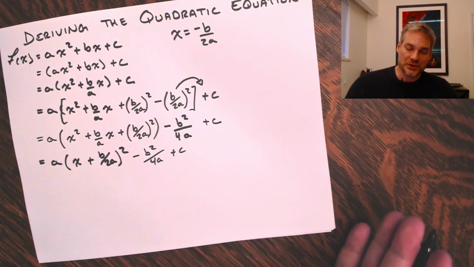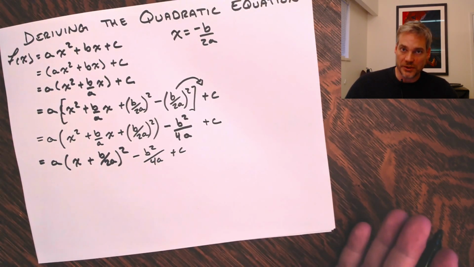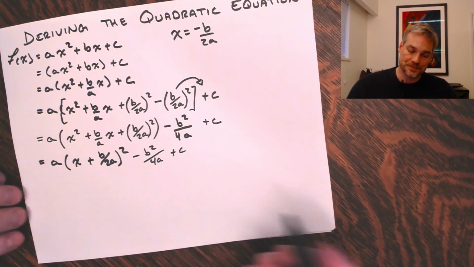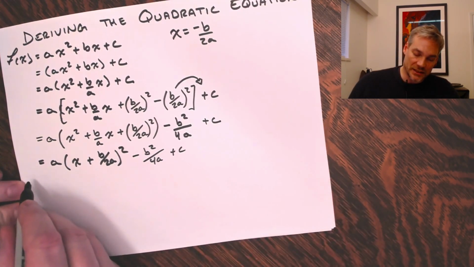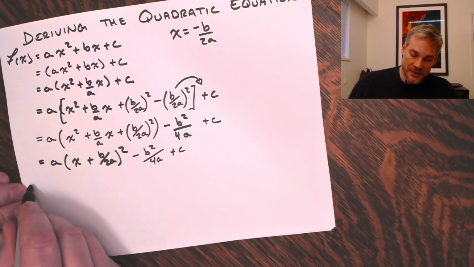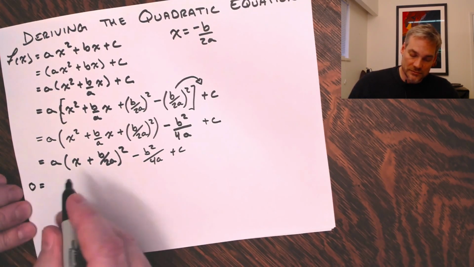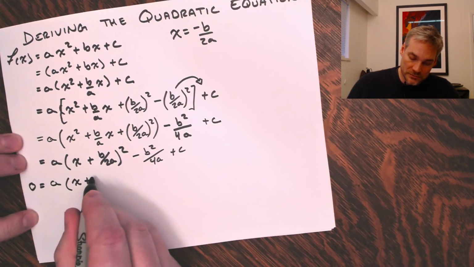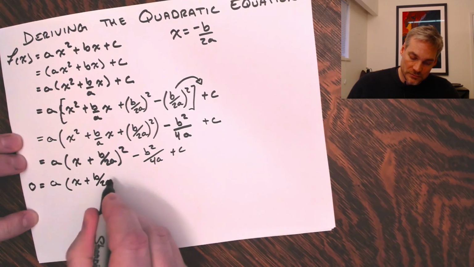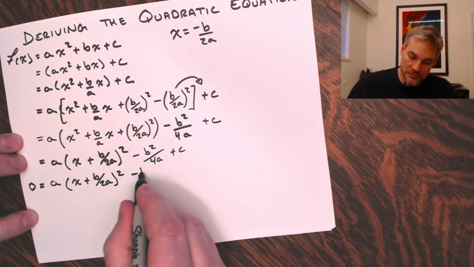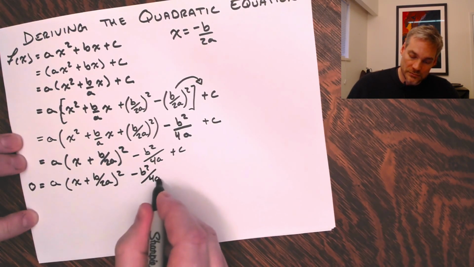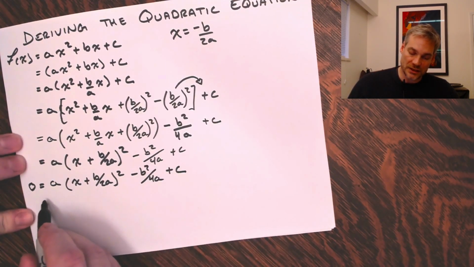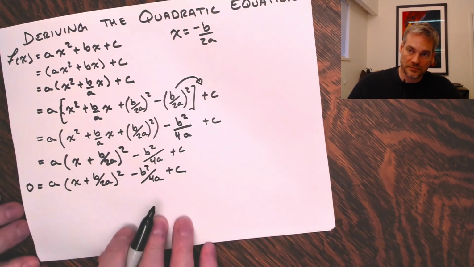But the quadratic equation is you want to solve for when x is 0 or when y is 0. You want to find the roots. So we just say let this equal 0 now. So I'm going to move all this to the other side and then divide by a.